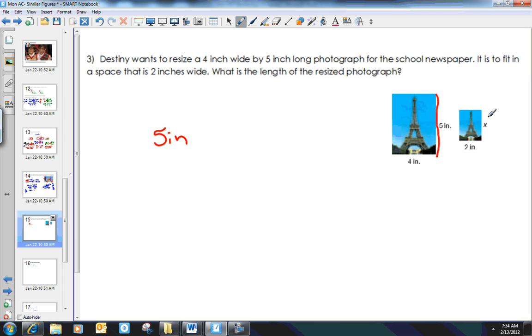The height of the second one is x. There's more than one way to make a proportion with similar figures. The width of the first one is 4, and the width of the second one is 2. Okay, so I have my large figure here and my small figure there. The large is 5 by 4. The small is x by 2, according to our corresponding sides.